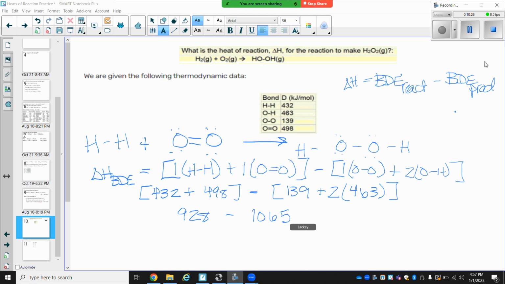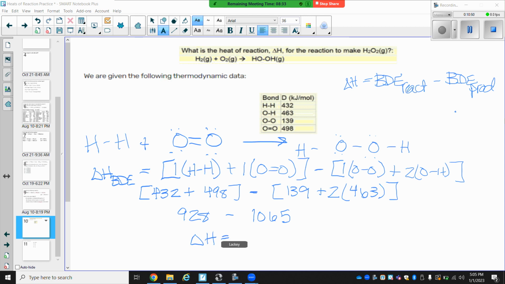All right, so we have our total for our reactants and products. Whenever we subtract them, we're going to get that total heat of reaction. Sorry, my pen fell asleep.